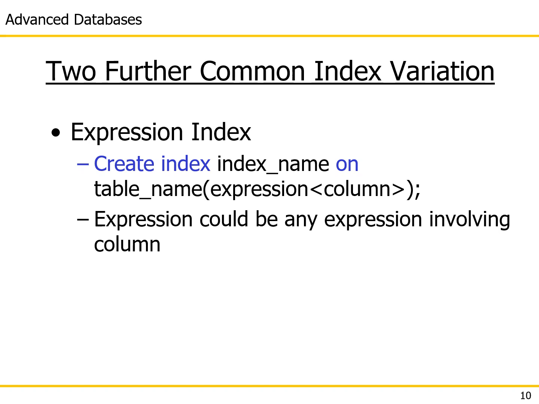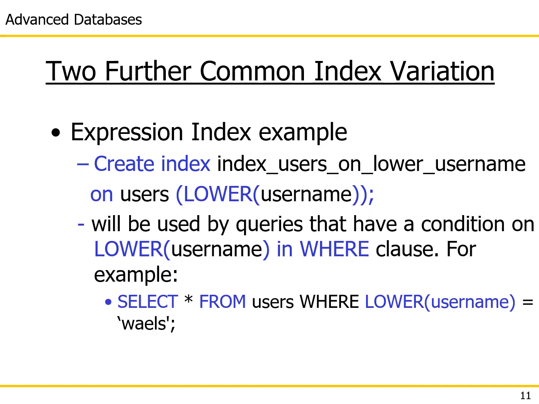Here, the word expression refers to any expression you could write in the SQL language. Okay? Any expression that takes a column value as input and returns some output, regardless of what that is, or what type that is. So here are some examples.